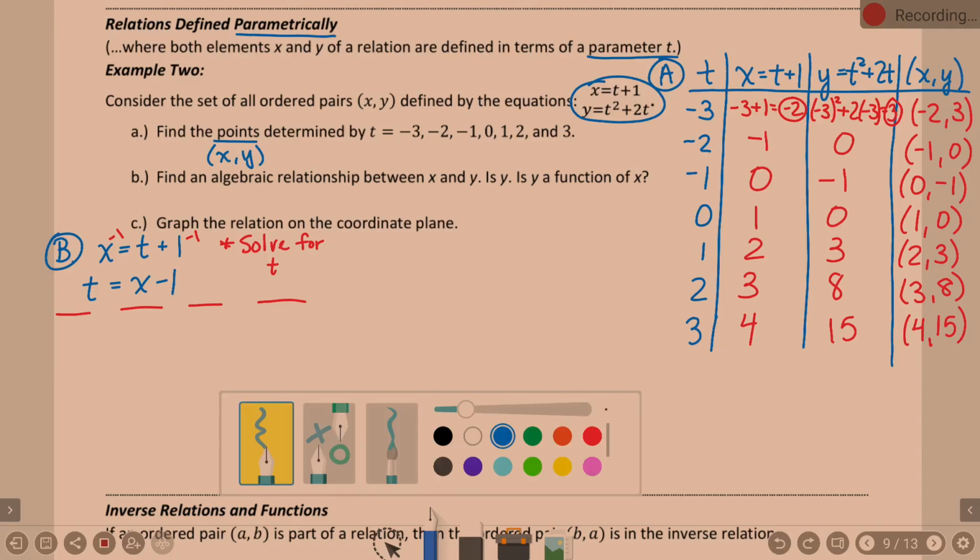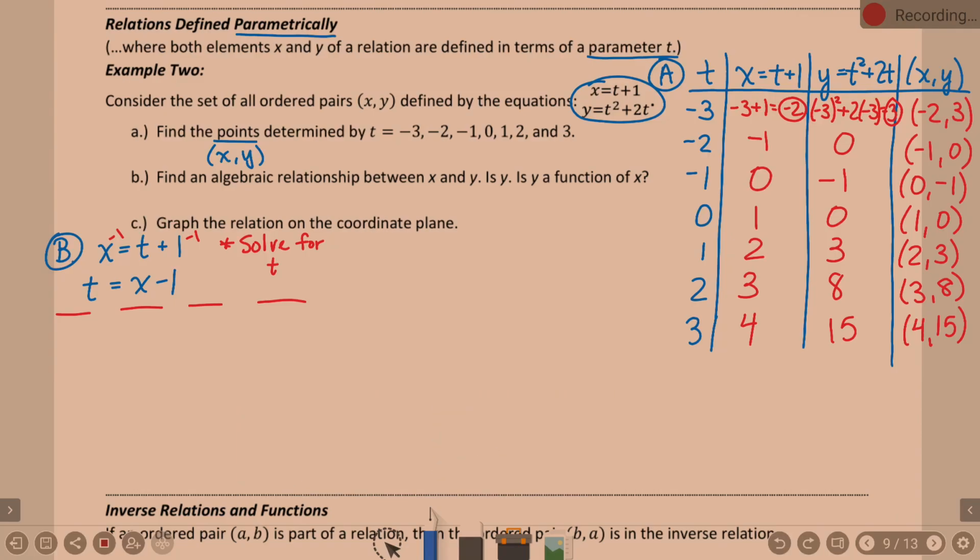Next step. What do you think we're going to do with this? Take this and plug it into your other equation, the equation you haven't used yet. In this situation, the equation I haven't used yet is y equals t squared plus 2t.